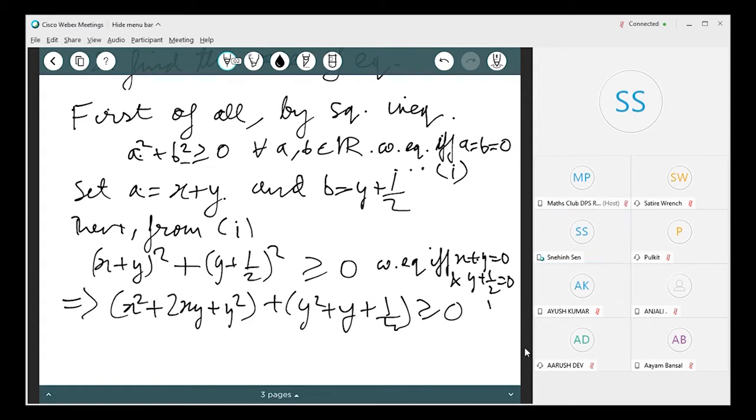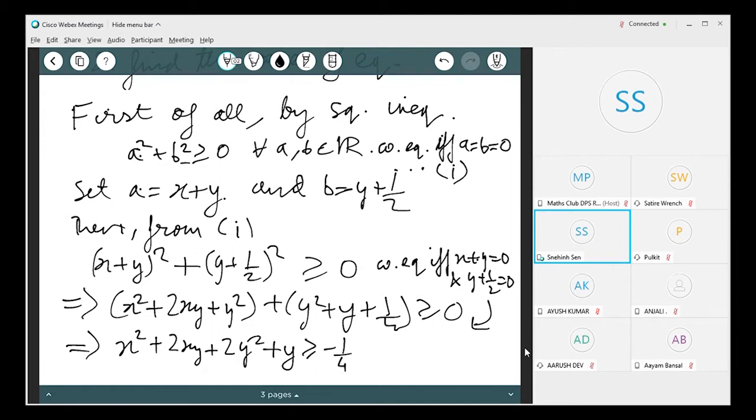Again, copy this step over here, which would imply x squared plus 2xy plus 2y squared plus y is greater than or equal to minus 1 by 4, with equality if and only if x plus y equal to 0 and y plus half equal to 0. And this is equivalent to x equal to half, y equal to minus half. That's the only case of equality over here.